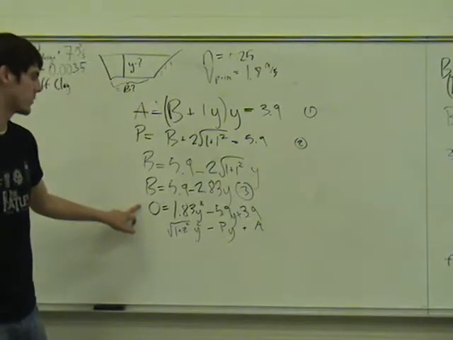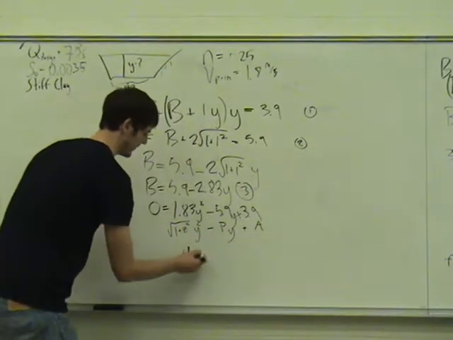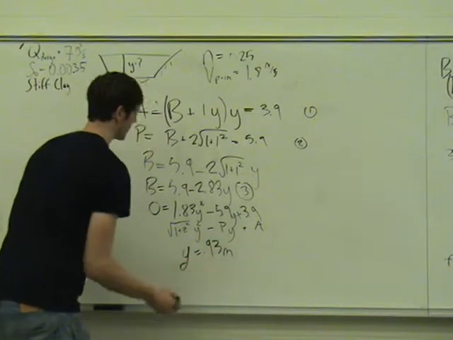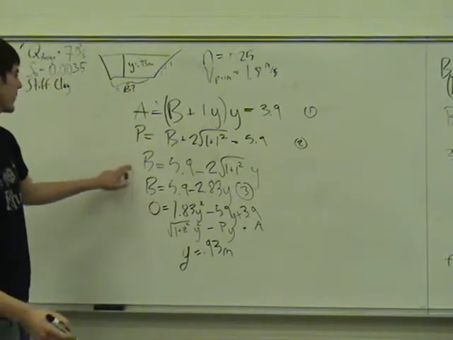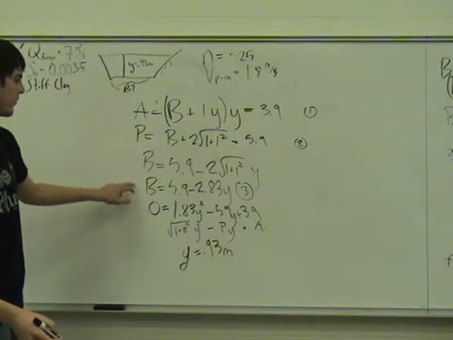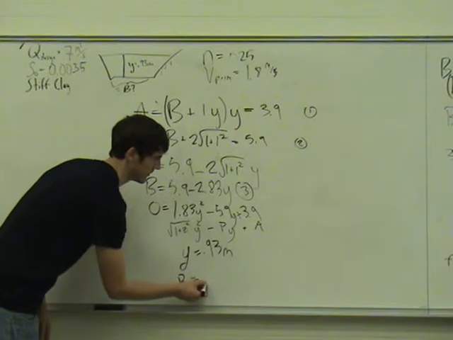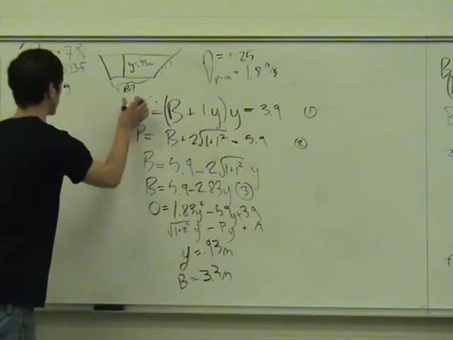And so solving this equation for y, we get that final depth is equal to 0.93 meters. And then we can plug this back into equation 3 for b and find out that our width is going to be 3.3 meters.